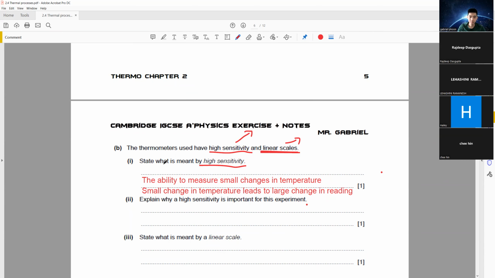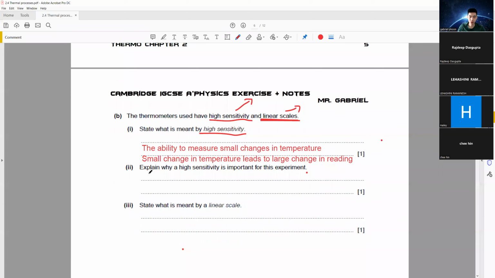And then followed up by the next question here. Explain why a high sensitivity is important for this experiment. This is essentially what I mentioned just now. Because the difference in temperature is very, very small. If you do not have high sensitivity, you cannot even measure the difference between them.